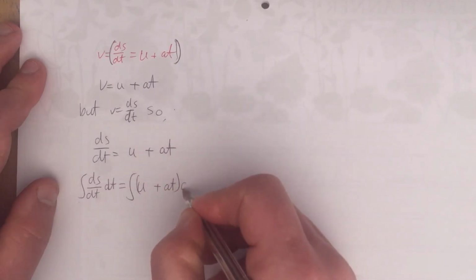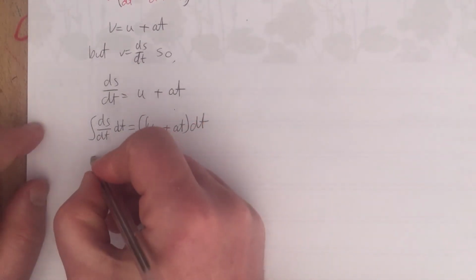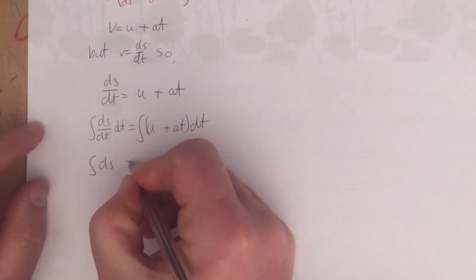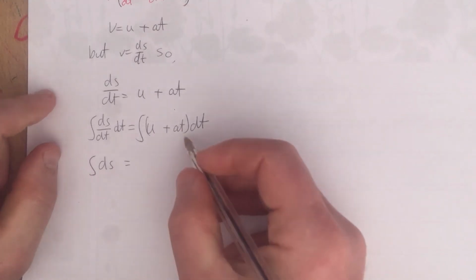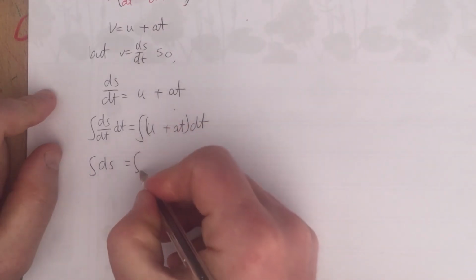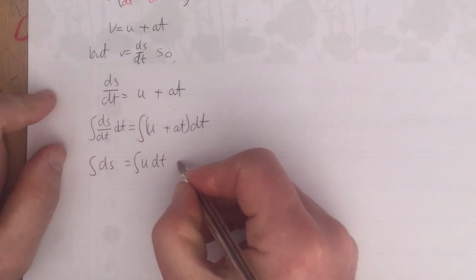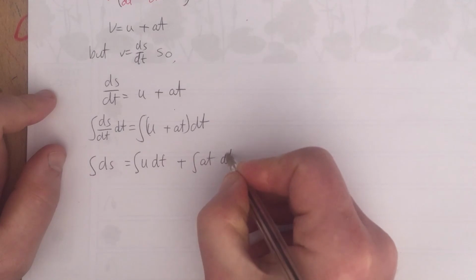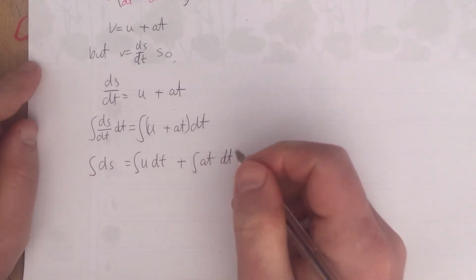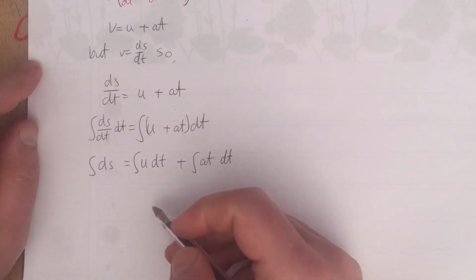I'm going to put this into brackets. And this side effectively becomes ds. This side can be split up, and hopefully you've done this in maths, into u dt plus at dt. You can do it straight from there if you want; it doesn't really matter.